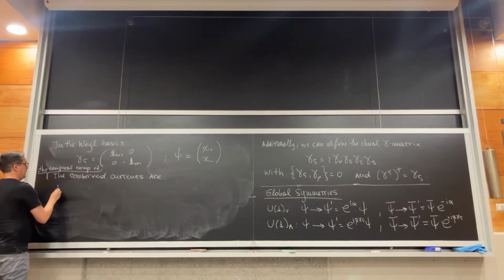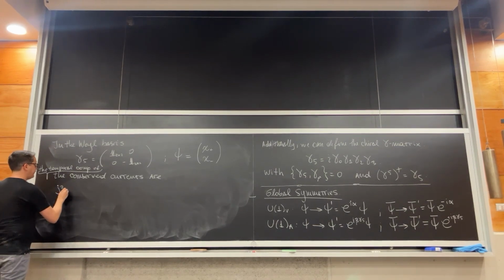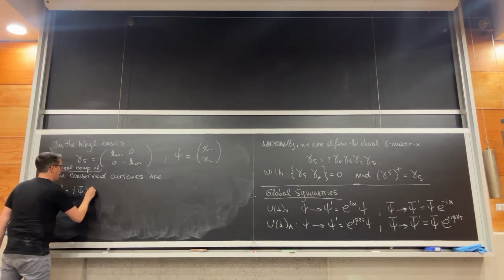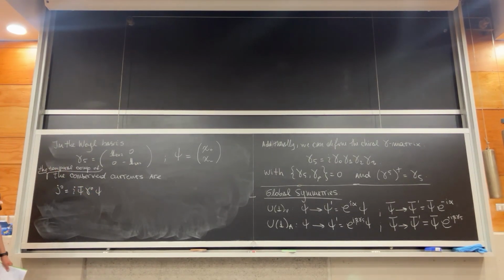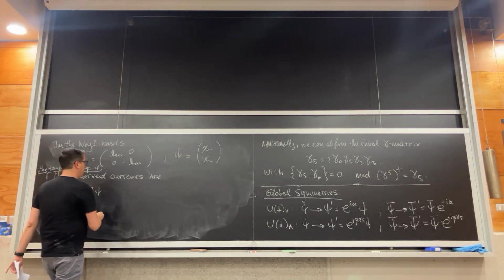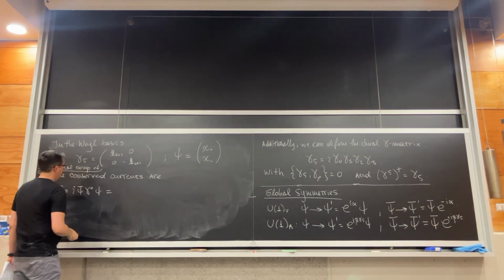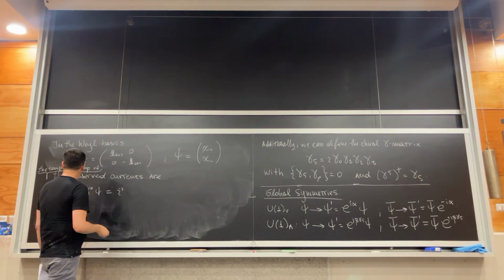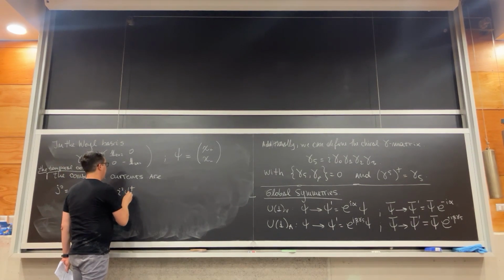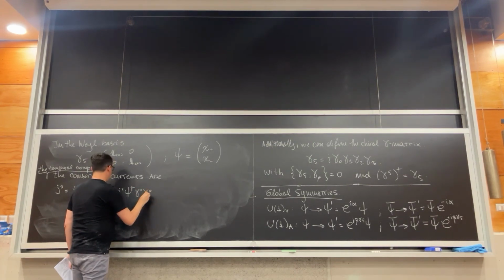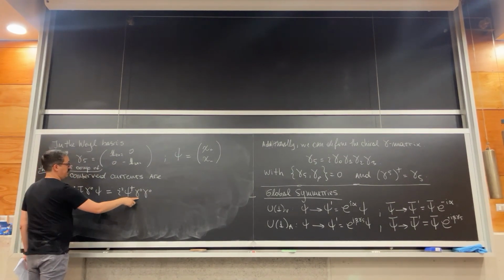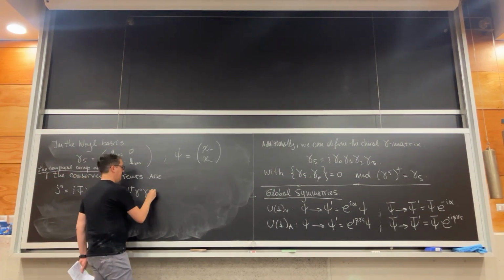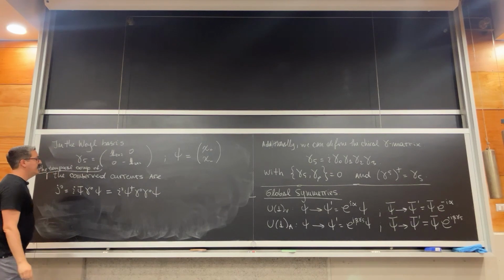So J^0 would be i ψ̄ γ^0 ψ, right? But the Dirac adjoint was ψ†γ^0, so I will have i² ψ† γ^0 γ^0 ψ. This γ^0 comes from the definition of the adjoint. The other γ^0 is this one, and then I have the Dirac adjoint.